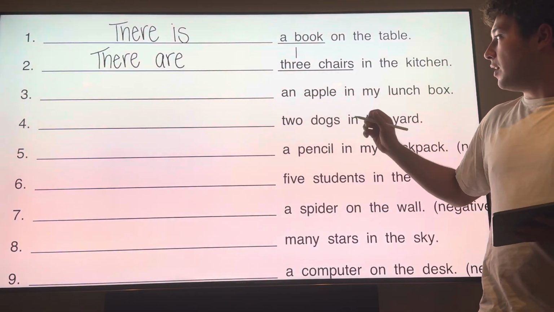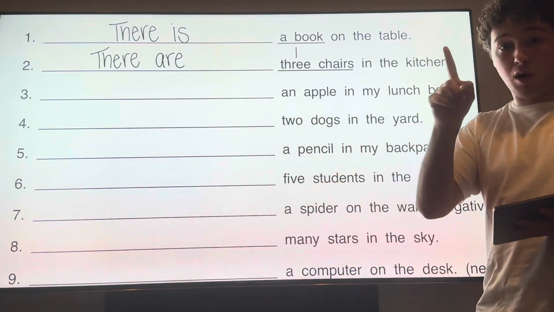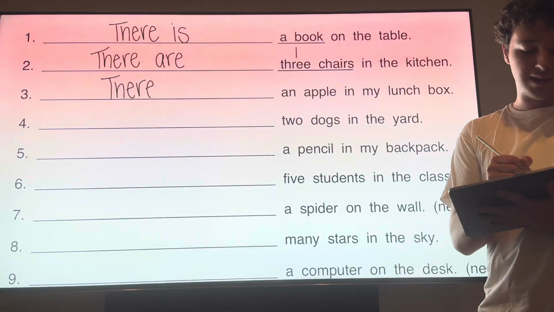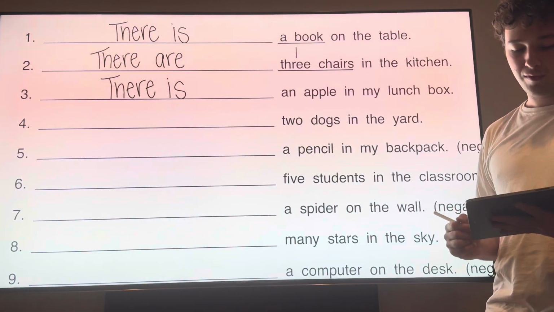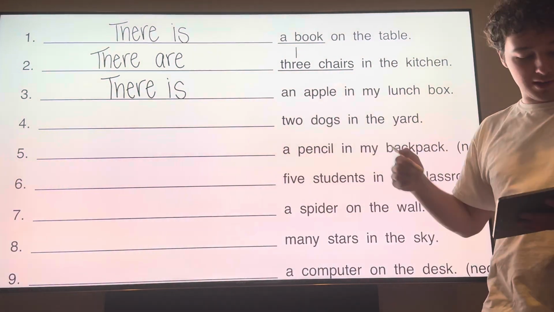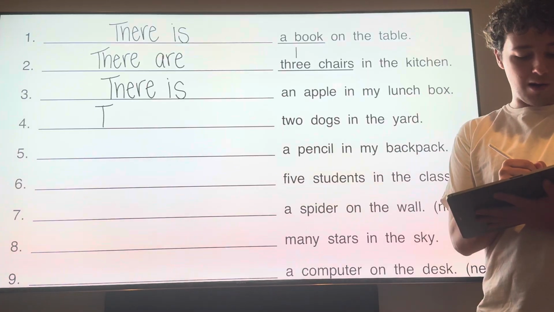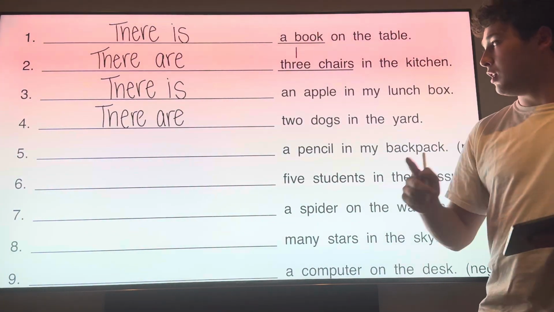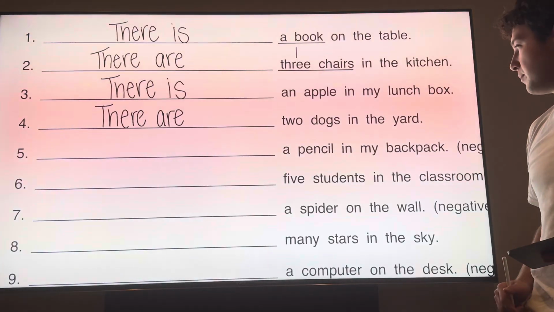An apple. This also is just one, so it would be there is. Okay, number 4, 2 dogs. 2 dogs. That would be there are because it is 2. There are 2 dogs in the yard.